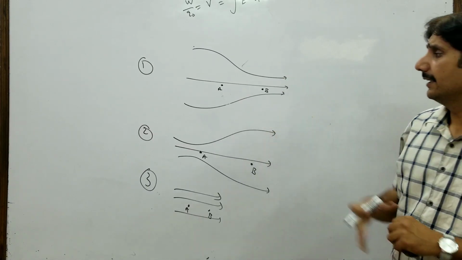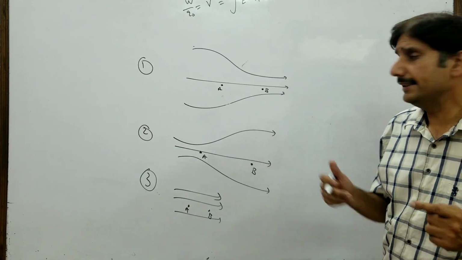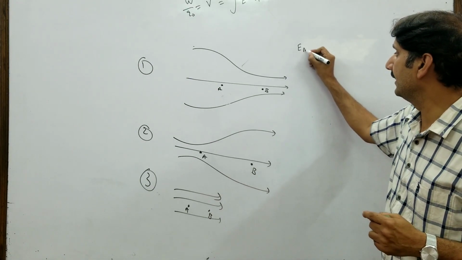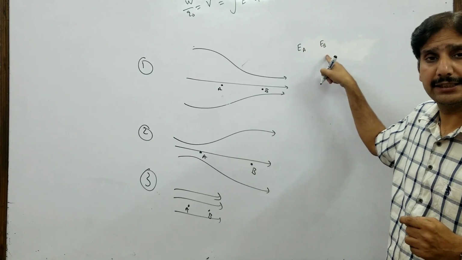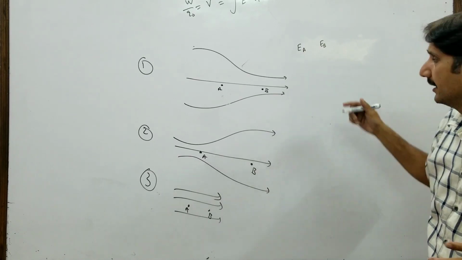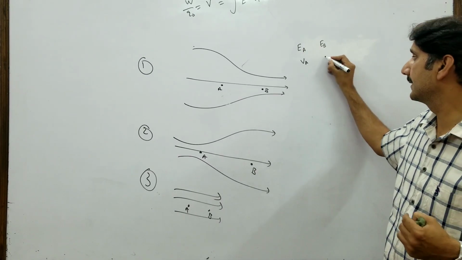In this case, what is the relation of electric field at point A and electric field at point B in magnitude? And what about their potentials?